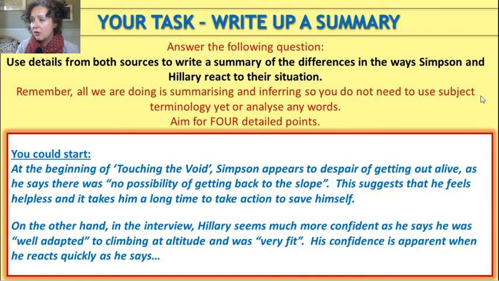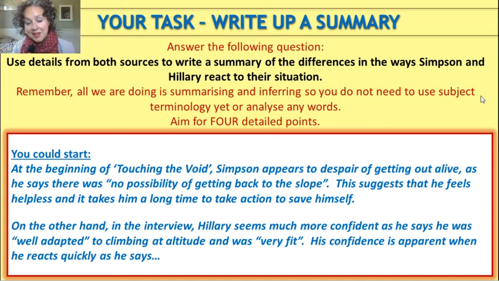Well, I'm not going to come back to this kind of question 2 again. It's only worth 8 marks. There's a lot to do, but it is 8 marks that you can't afford to drop. So, choosing your quotes, what can you infer about the way these men react? On the one hand, Joe Simpson is emotional. He's frightened, he's scared, he takes his time, he considers everything slowly.